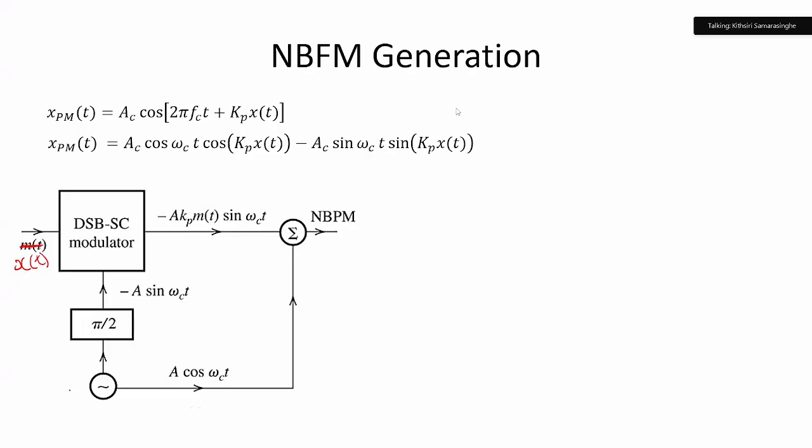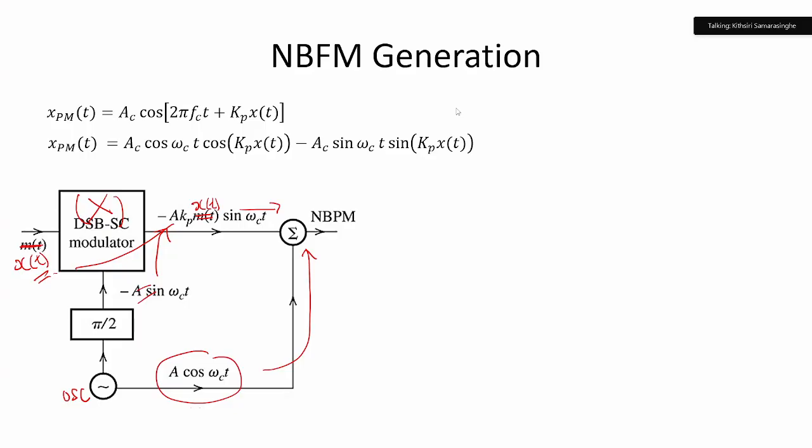I'm assuming that this is my oscillator. So multiply x(t) with this, you will get this term by multiplication. This is a multiplier. So that term will be there, A times kp x(t) sine omega_c t. To that, you will take this A cos omega_c t here and add. What do we get?